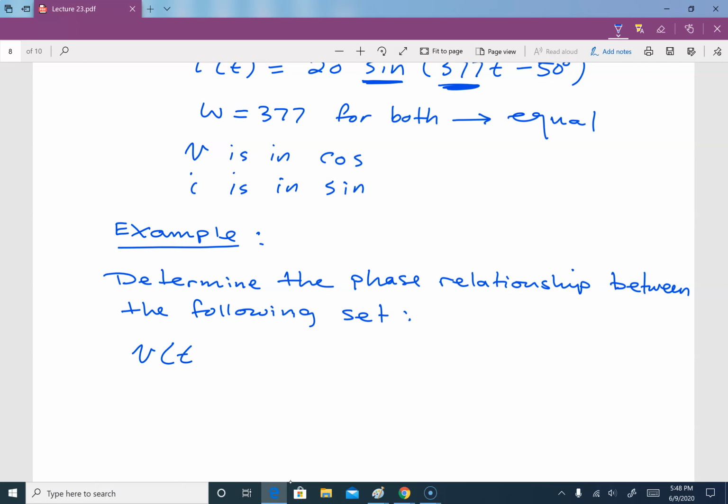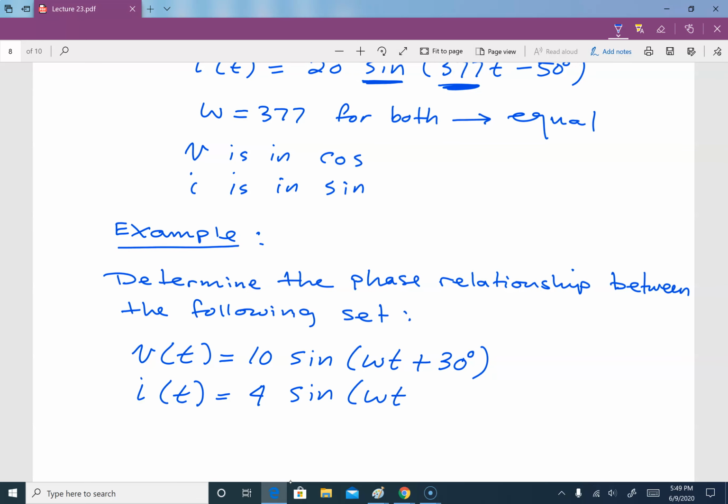I have V of t equals 10 sine omega t plus 30 degrees, and I of t is 4 sine omega t plus 80 degrees.